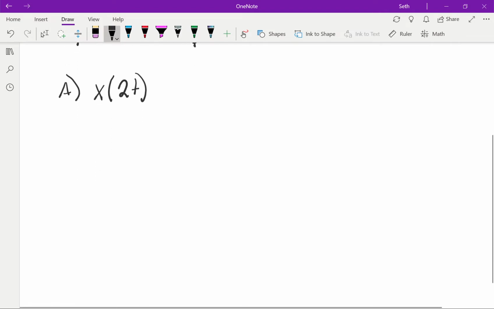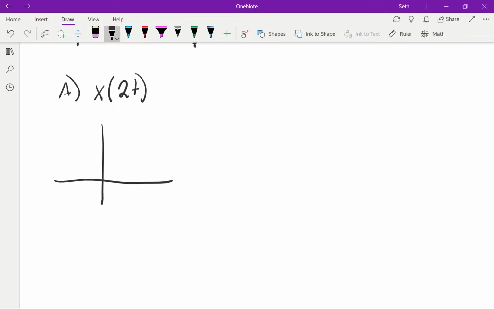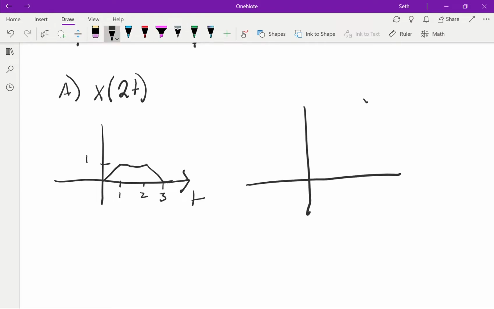So x of t, our original signal, looks like this. Imagine that's to scale, of course. This is going to be our transformation space, x of 2t.